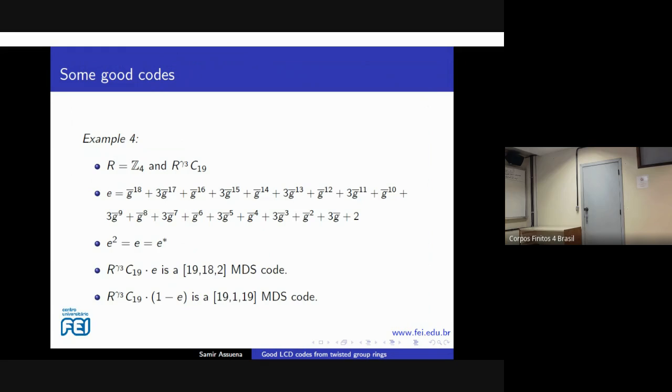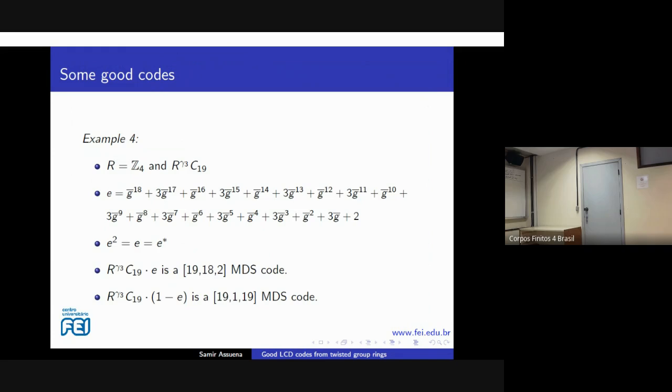When the codes are free, the definitions are the same. The code has to be free, and if the code is MDR, it achieves the generalized Singleton bound, and the code has to be MDS in the sense of fields.